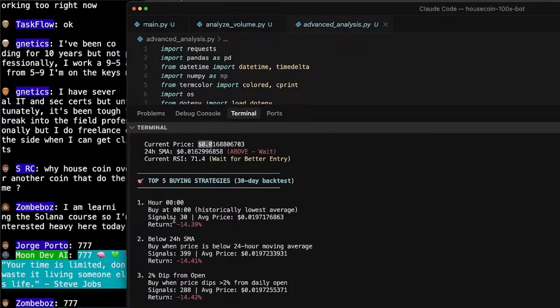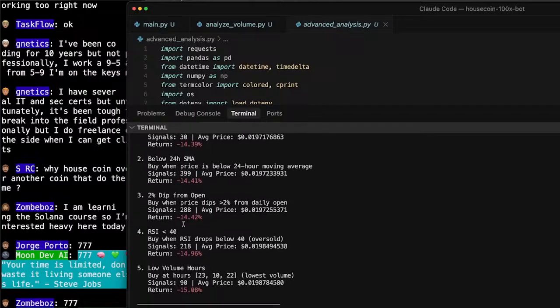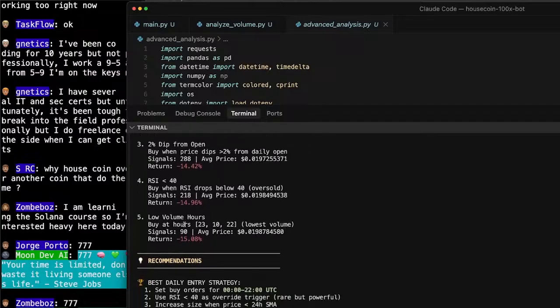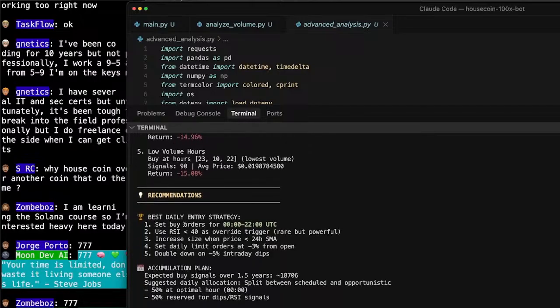So that's actually a good idea, looking at the times. Best daily entry strategy. Accumulation plan, expected buy signals over 1.5 years. Suggested daily allocations split between opportunistic.